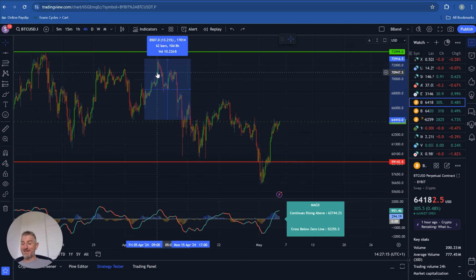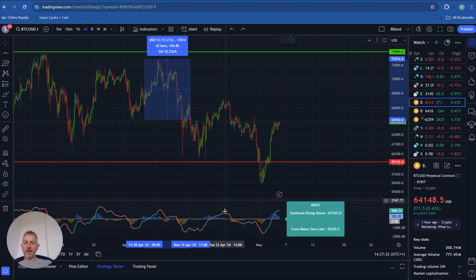That's how you plot the price distance. And then it pulled back to pretty much the 50% point.